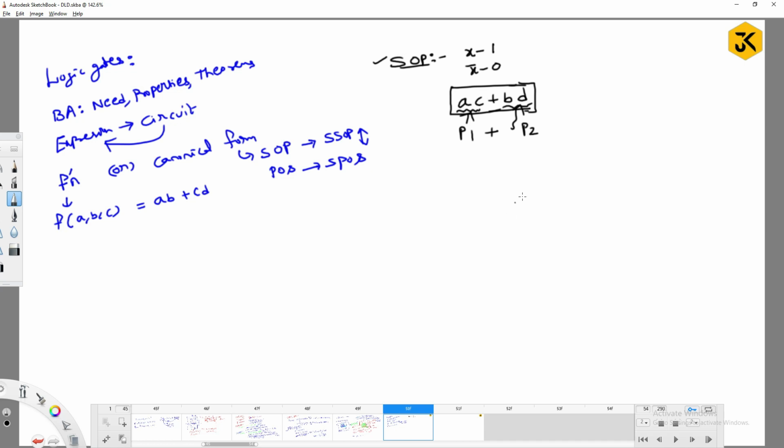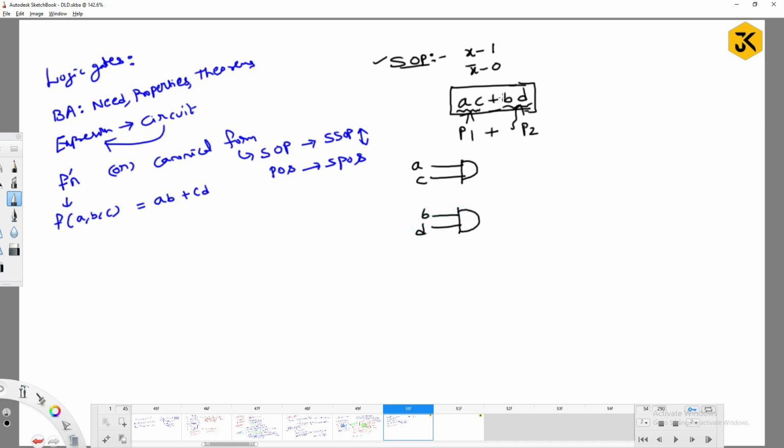So with this expression, can I draw the circuit? Yes. For example, if I take the input A and the input C, what is this? This is an AND gate, performing multiplication. So A and C, and I give two more inputs, B and D, like this.